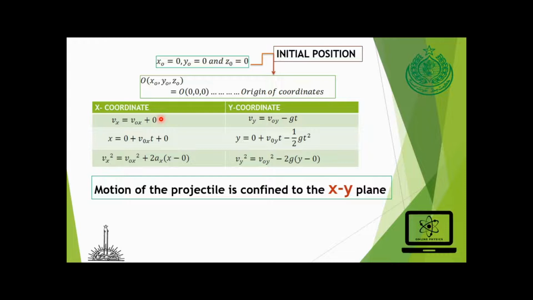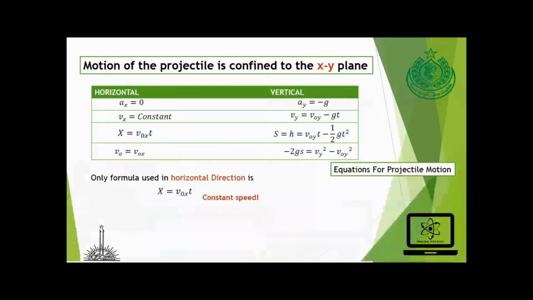So I am taking the x coordinate and y coordinate and putting in the initial conditions as well as the assumptions of projectile motion. ax is 0, x naught is 0. ay is minus g, y naught is 0. Now these equations will become modified, and this is known as the equations for projectile motion.